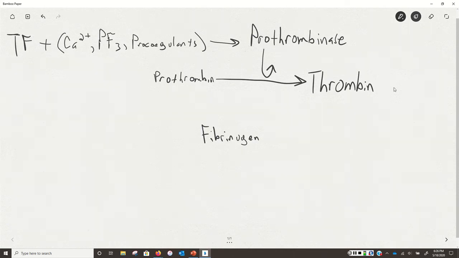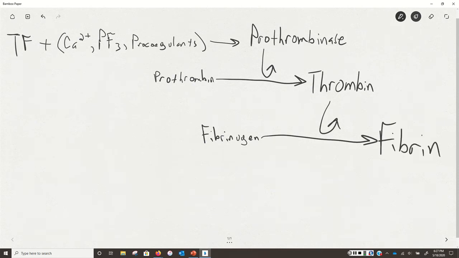Even though it doesn't end in ASE, it's another enzyme, and it's building up locally. As fibrinogen flows through in the bloodstream, thrombin takes fibrinogen and converts it into fibrin.